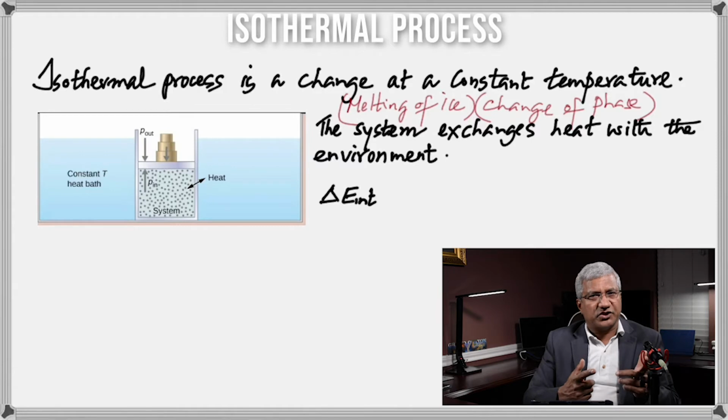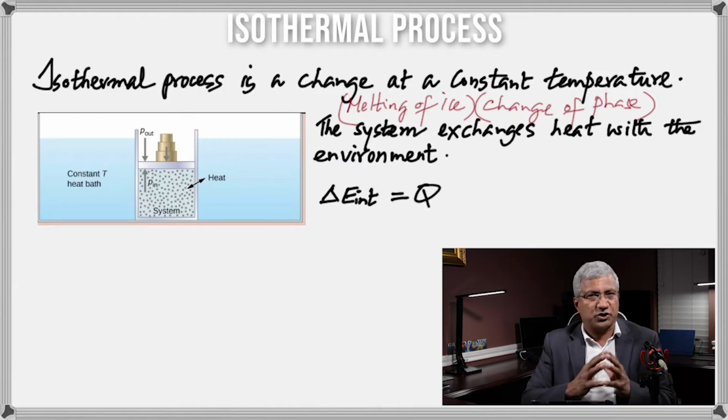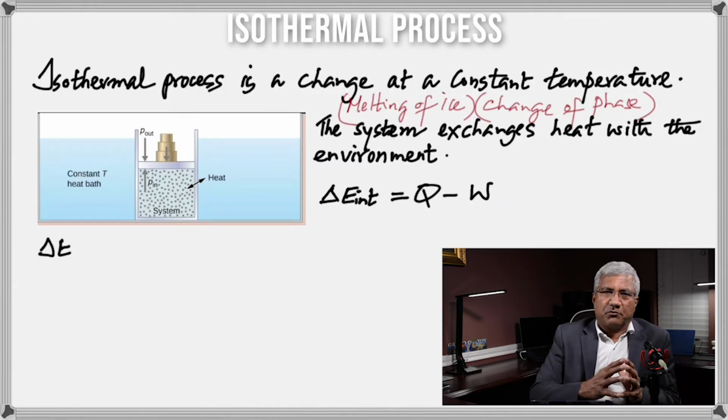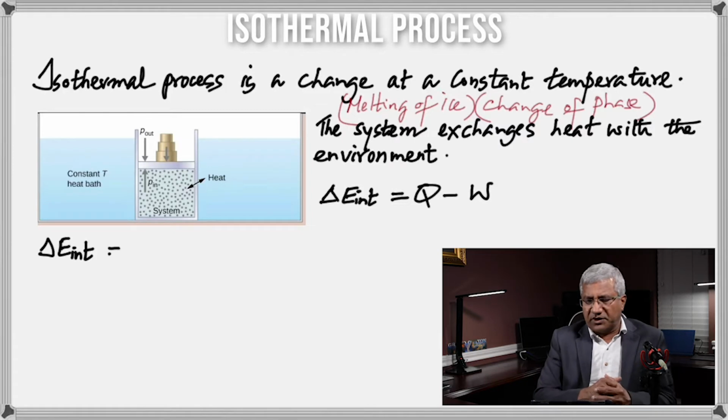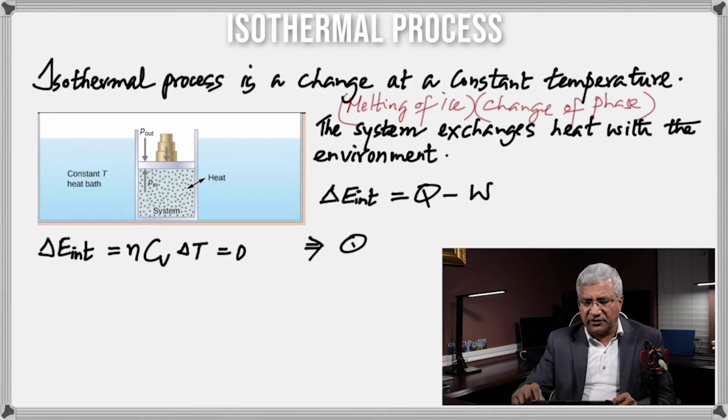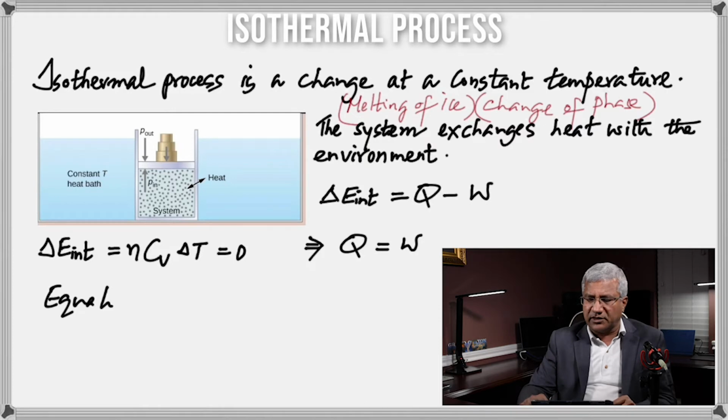And again, the change in internal energy is zero. But according to the first law of thermodynamics, change in internal energy is Q minus W, and therefore we can bring that in here. And since we also know that change in internal energy is nCv delta T, remember that?